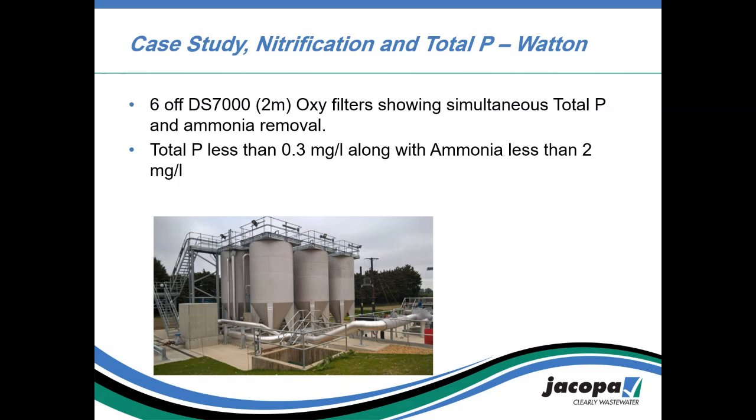It also achieves ammonia of less than 2 milligrams per litre on a 95 percentile basis. So very interesting. Have a look at it in the CIP2, but do bear in mind it wasn't Dynasand, it was Dynasand oxy, and it's a little bit disgruntling for me that it was misreported.